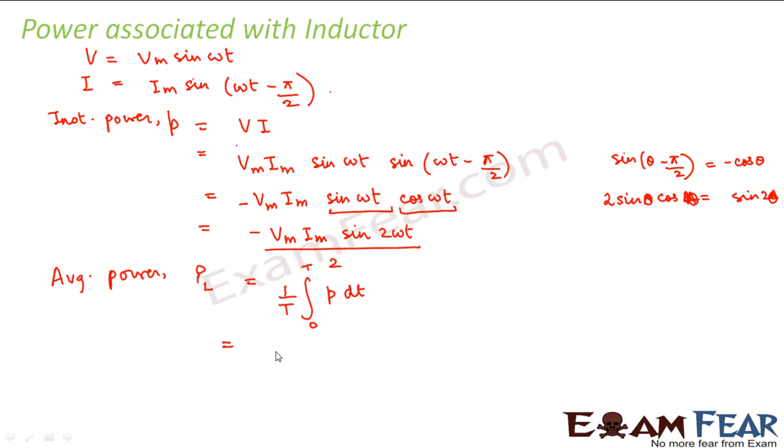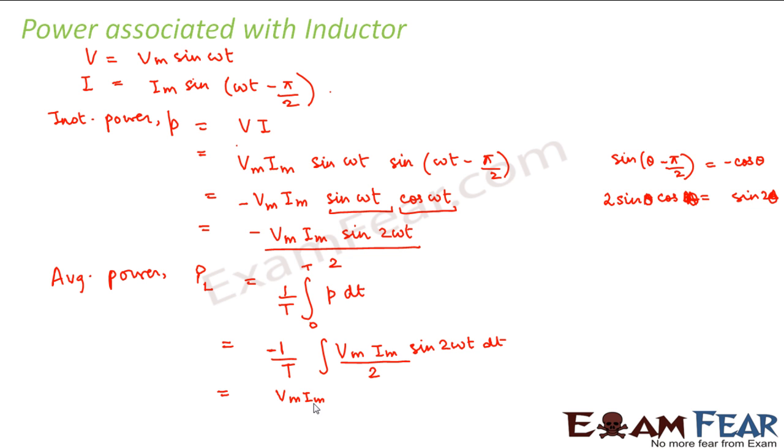So this would be equal to 1 by T, integration of Vm Im sine 2 omega t dt divided by 2.